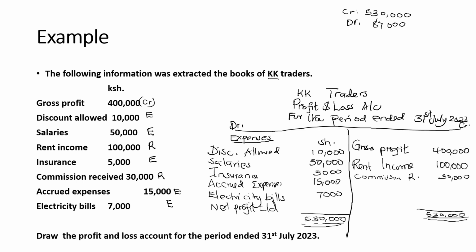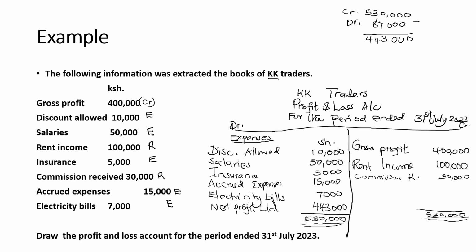We subtract 530,000 minus 87,000. We have 443,000 as our net profit.